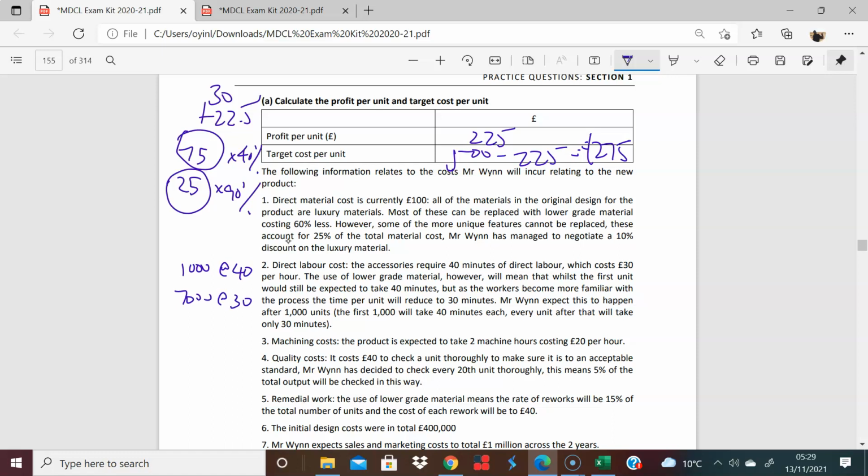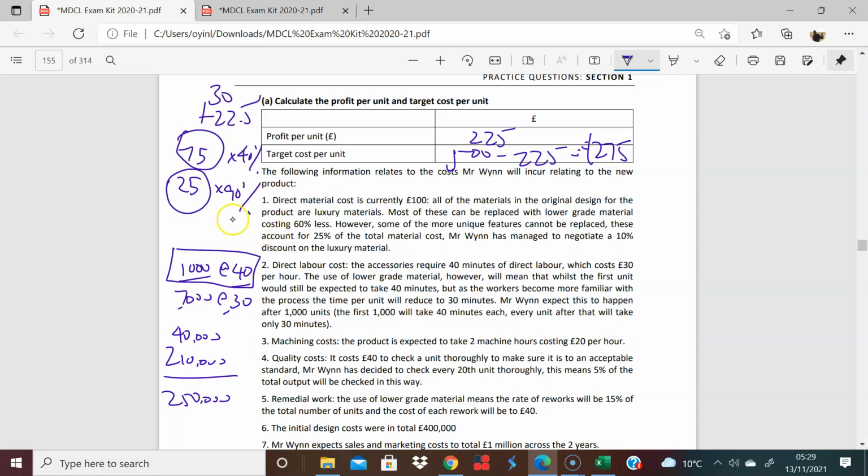So I suppose you could just work out all the minutes, because we need something averagey. So that's 40,000 minutes for the first 1,000 dresses, and 210,000 minutes for the next 7,000 dresses, which is 250,000 minutes for all the dresses.